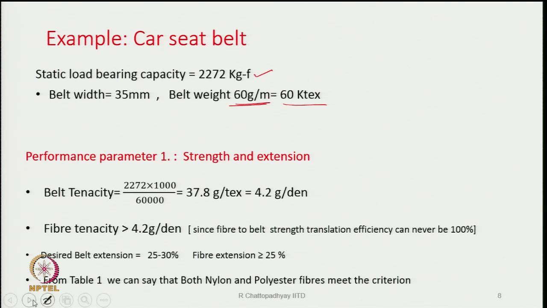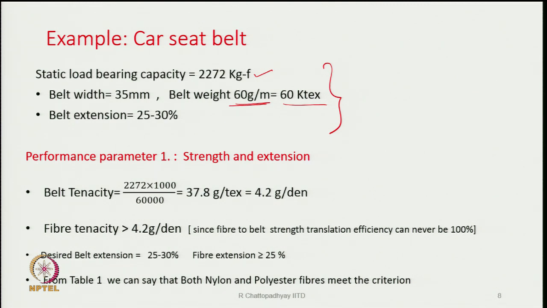Now, if the other criterion is belt extension should be 25 to 30%, and this is what is desired in the product, then we have to try to find out which fiber really suits, or how many fibers we can identify.